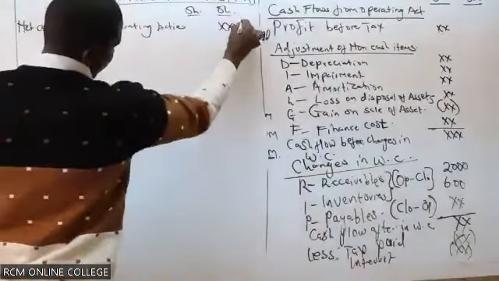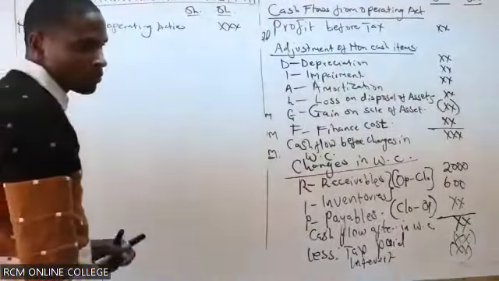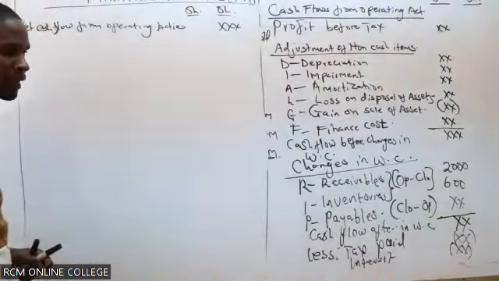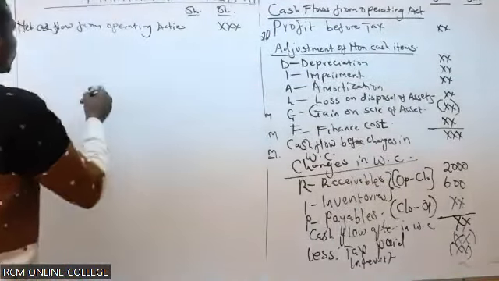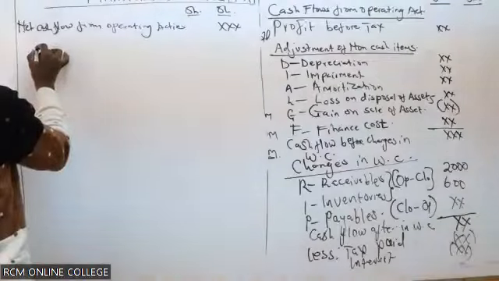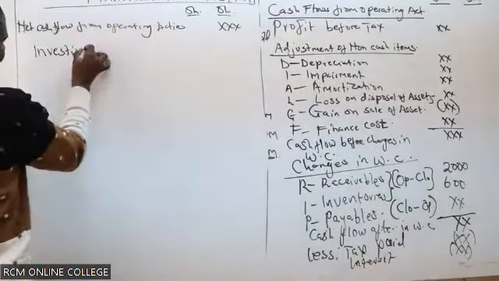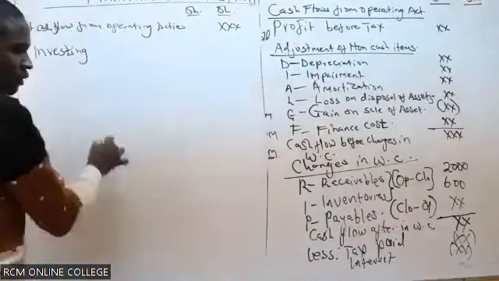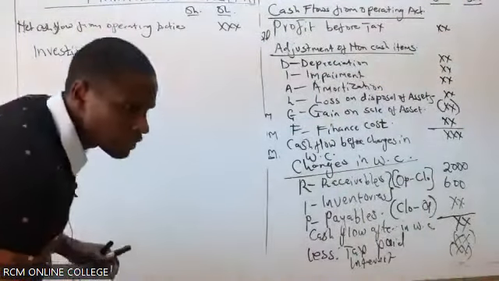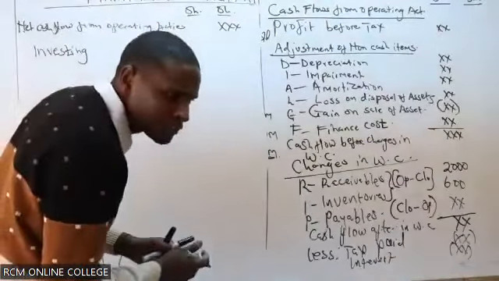Naiweka hapo. And then class, you go to the other activity, which is investing activities. So in our next class, I know we shall be able to do, what is the time? 41. So I am having like 10 minutes.